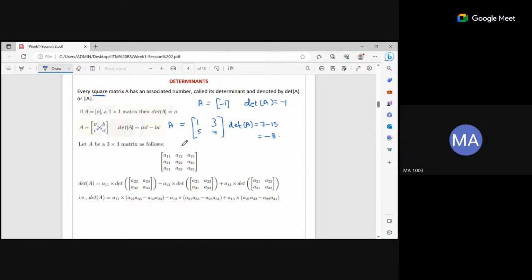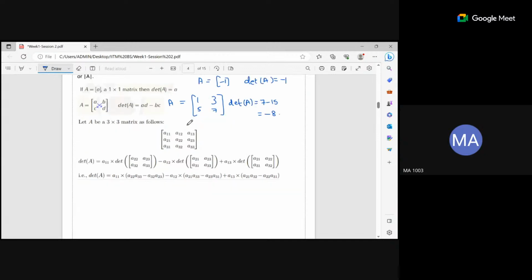So for 3 by 3, what are we going to do? We have to consider all the 2 by 2 submatrices of this form, find the determinants, and use this formula. First we take this entry and consider the determinant of this part.